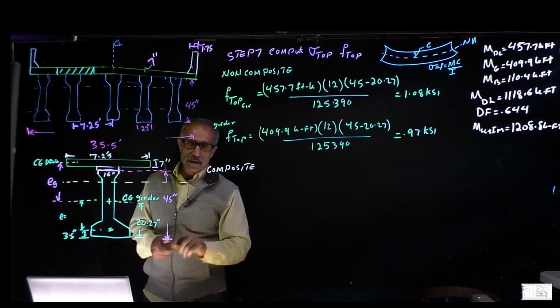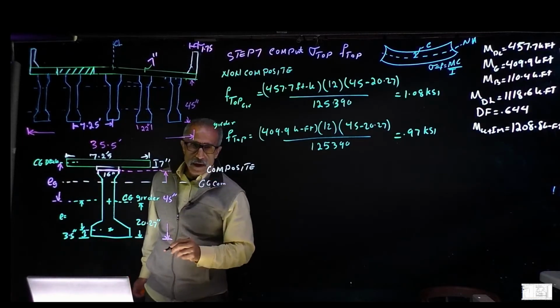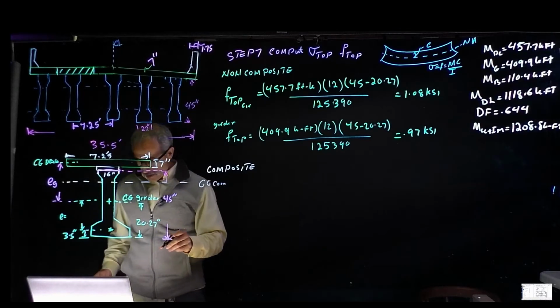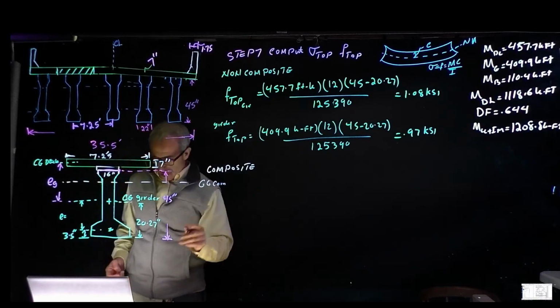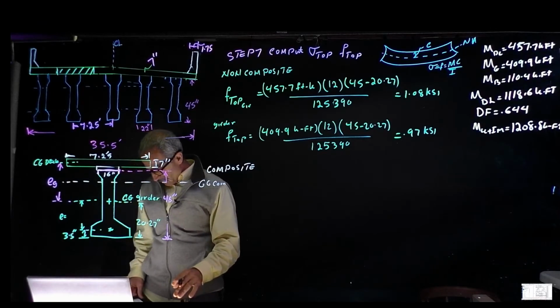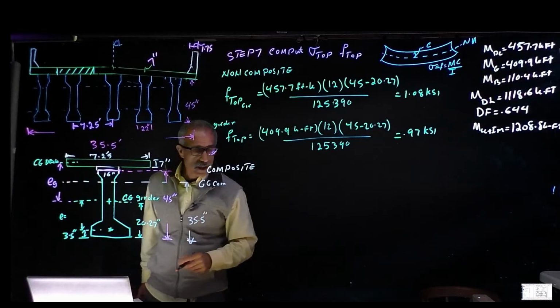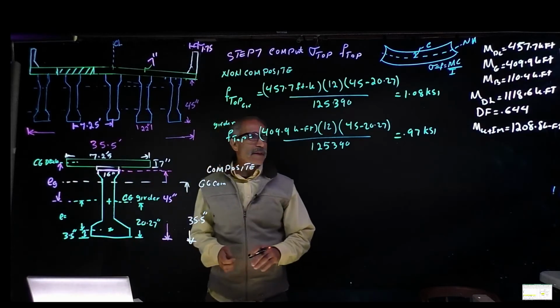Let's call it the center of gravity of composite. And that came out to be, from the Excel sheet, 35.5 inches from here to here.